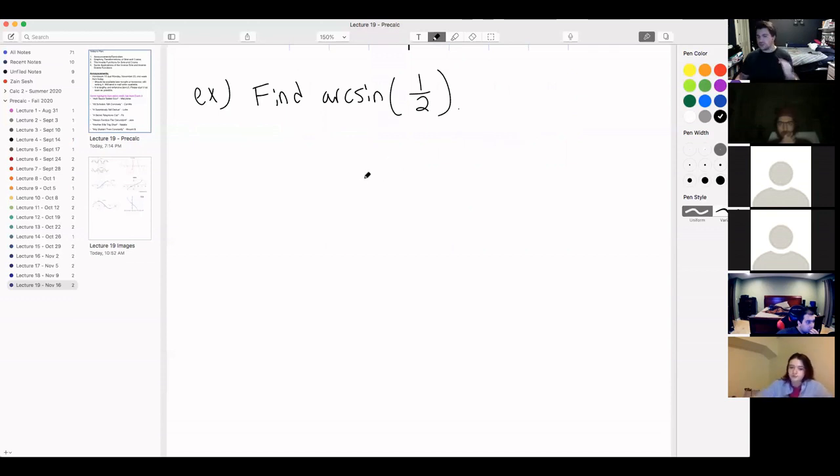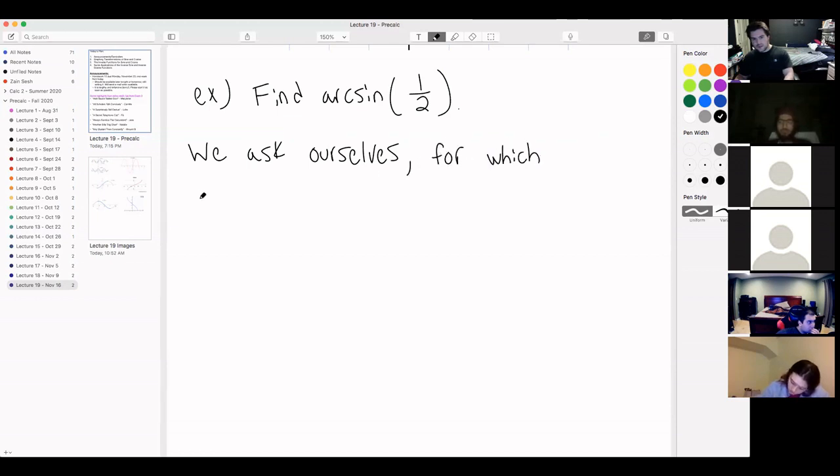That's the question you need to ask to answer this. So let me write this. We ask ourselves, for which x does sine of x equal 1/2? That's how you answer these types of questions.